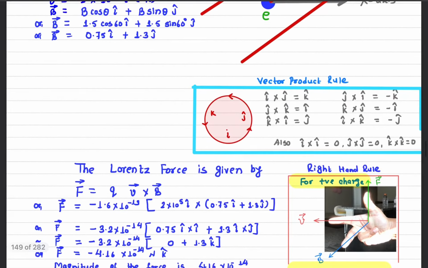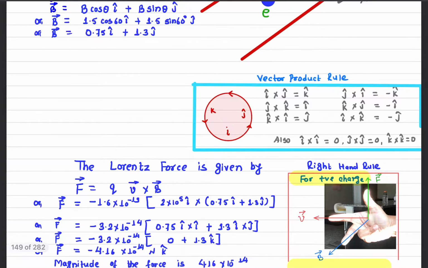You might be familiar with the vector product rule, and here I am just revising it one more time. If you multiply i and j vector, and the direction here is always anti-clockwise, you will get the k vector.